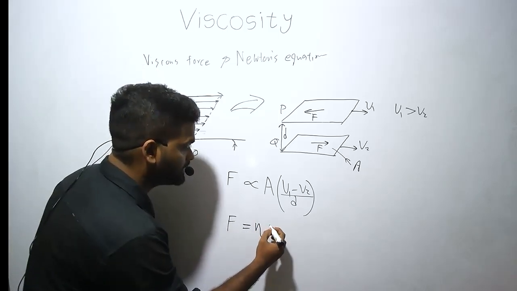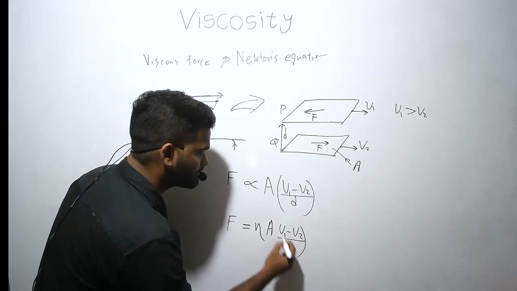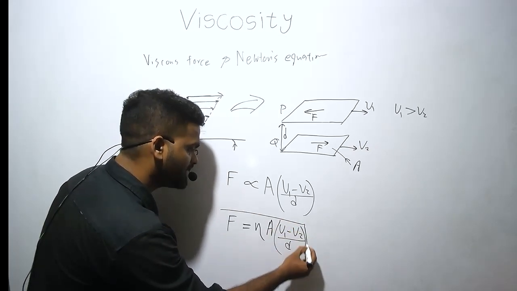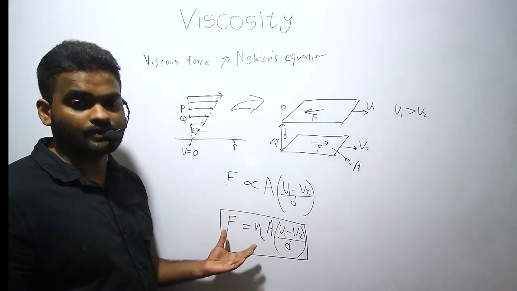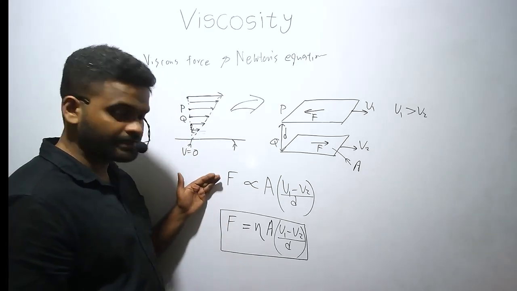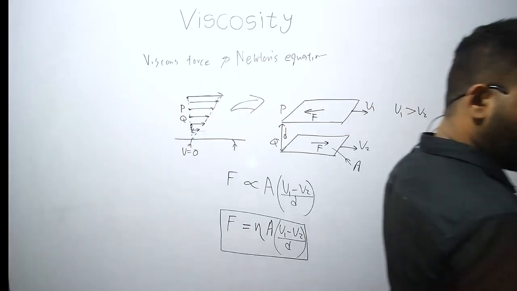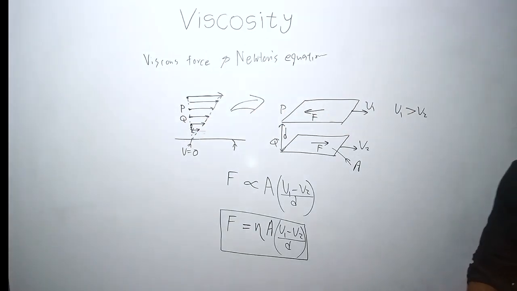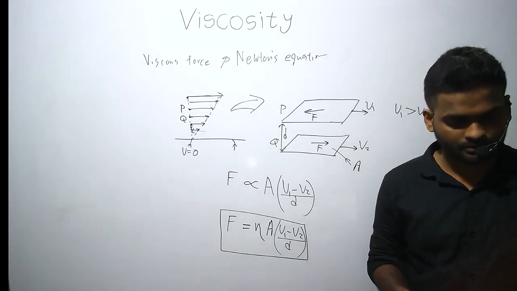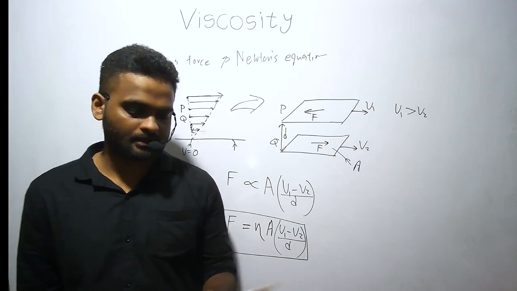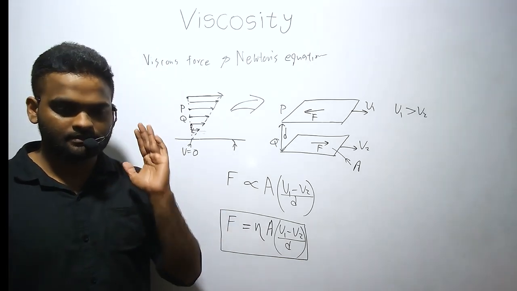Eta, then A, V1 minus V2 divided by D. This equation you must remember. So this is Newton's equation for viscosity. Just take these two down. If you have any problem, let me know. Done?